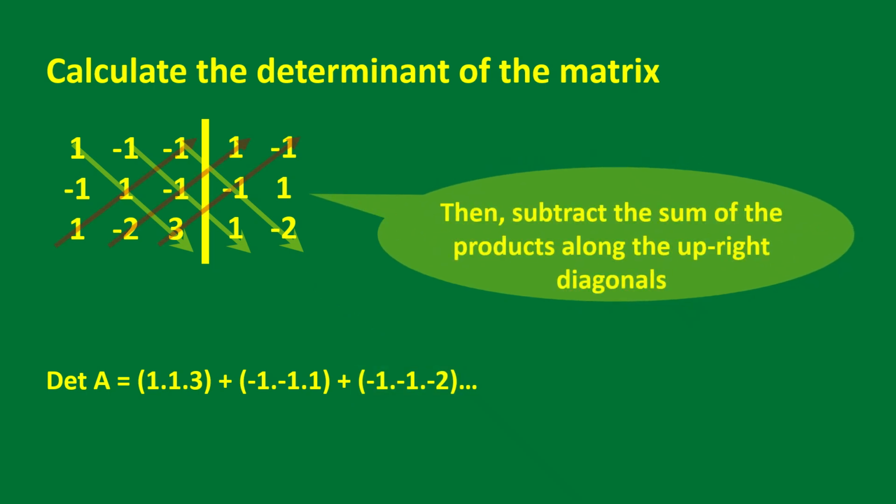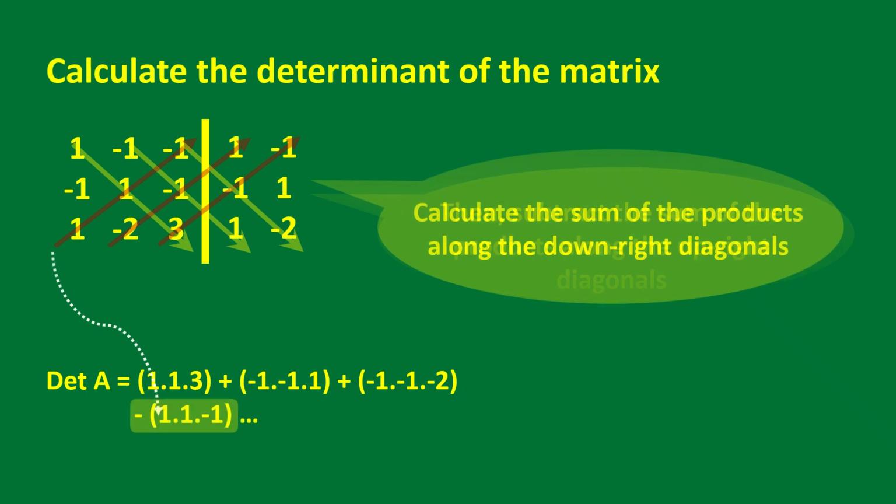Next, we need to subtract the sum of the products along the upright diagonals as represented by the red arrows. Here is the sum of the products along the first upright diagonal. And don't forget to put the minus sign before the opening bracket because it is a subtraction.